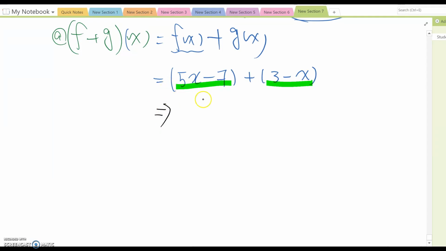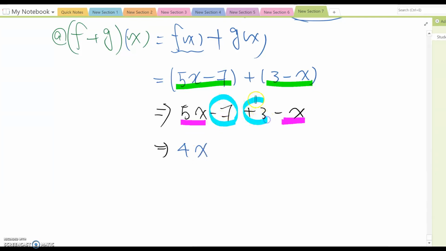Now open the parentheses, then it becomes 5x minus 7 plus 3 minus x, and then you combine like terms. As you see, 5x and minus x are like terms, so they become 4x, and minus 7 plus 3 becomes minus 4.